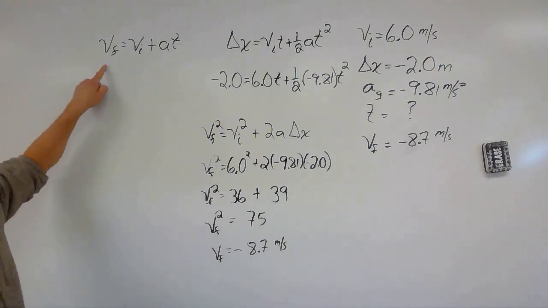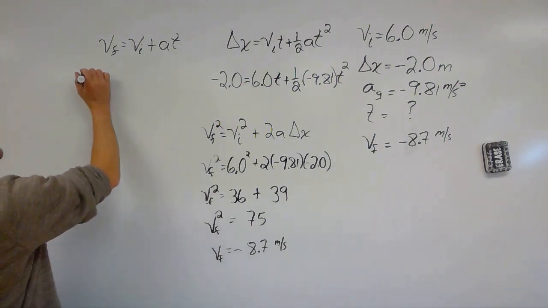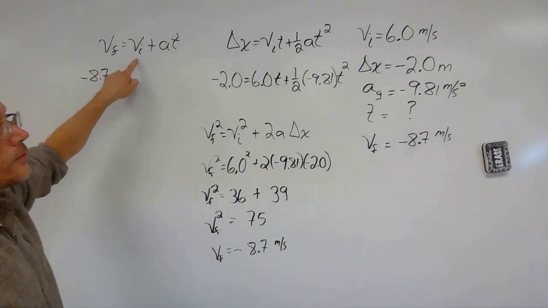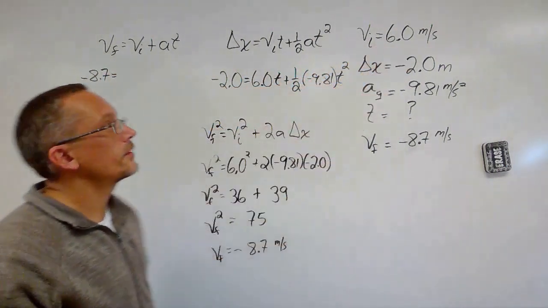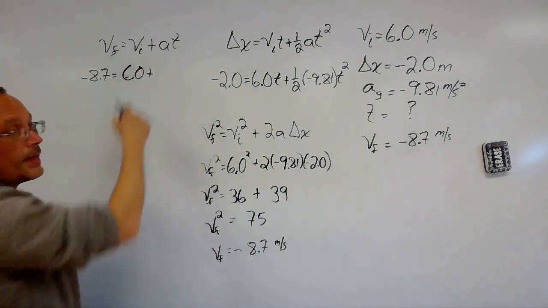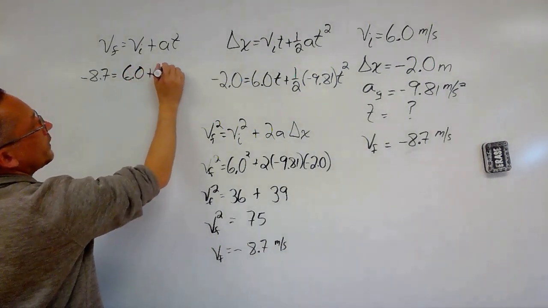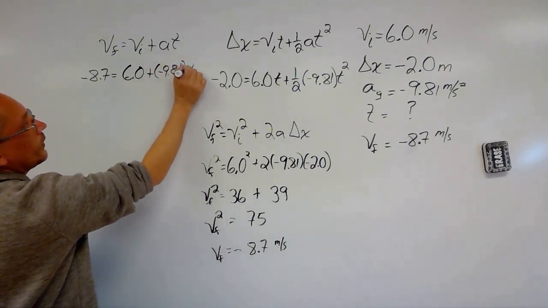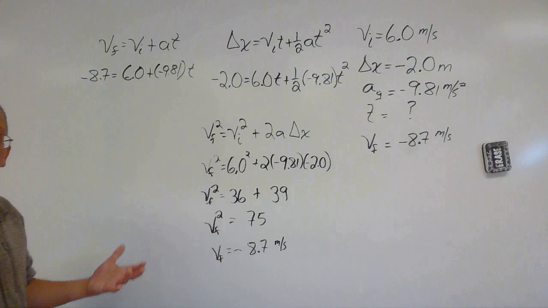Okay. The final velocity I know now is negative 8.7. The initial velocity was 6.0. A was negative 9.81. And T we don't know. Okay. Now let's solve the equation.